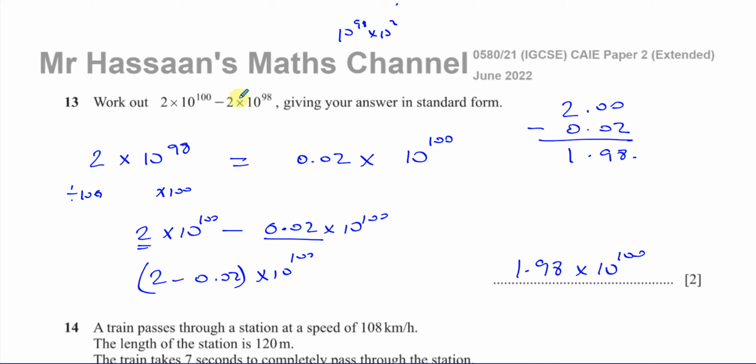So therefore I had to divide that part by 100, so that gives me 0.02, and then I can subtract those numbers, and everything will be correct in terms of the place values, and my answer will be times 10 to the power of 100, and that's it. Okay, so there's an answer to question number 13 from this paper. Very, very important question.